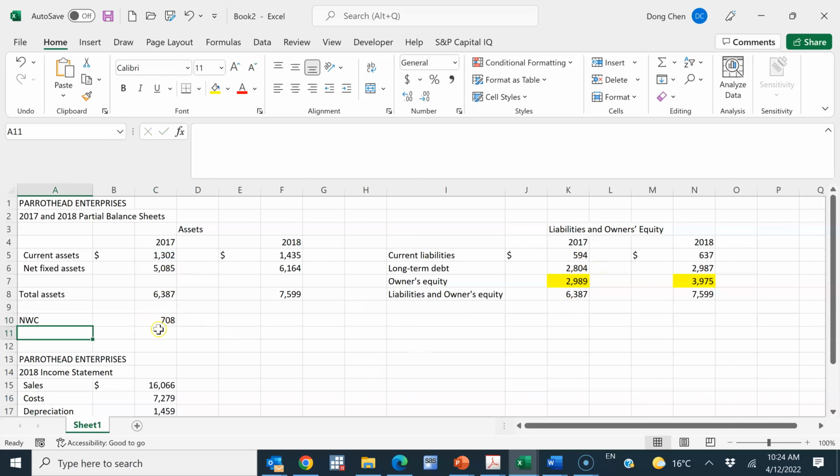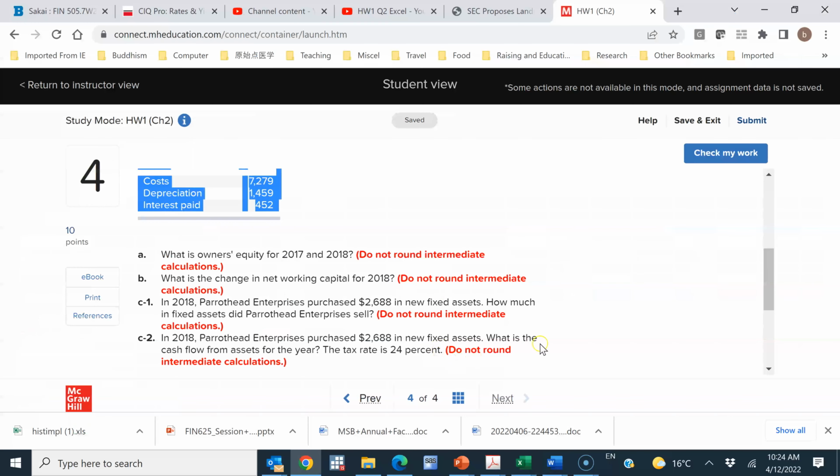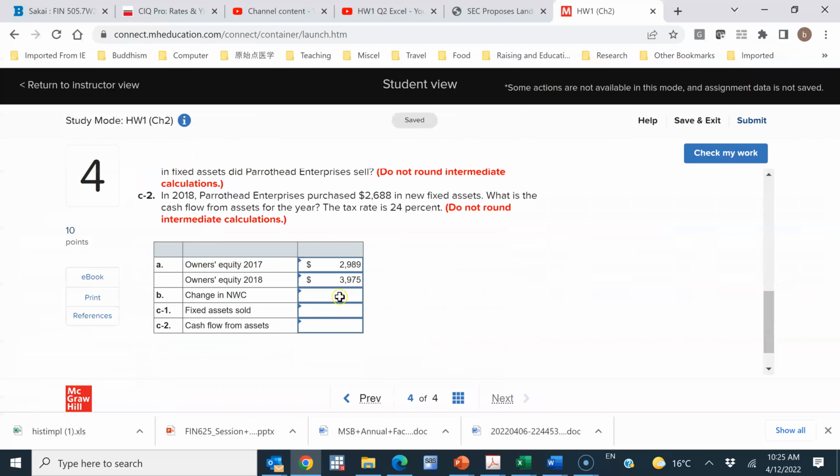So that's the net working capital for 2017, and we can extend the calculation for 2018. And now I can do the change. The change is simply equal to the level of NWC for 2018 minus the level of NWC for 2017. So that gives me 90. So just copy the number back. Change in net working capital is 90.